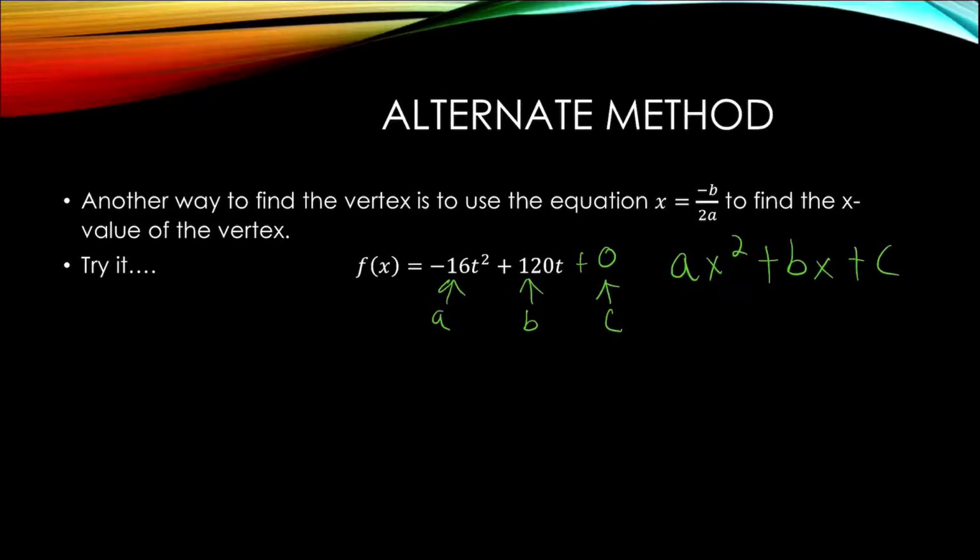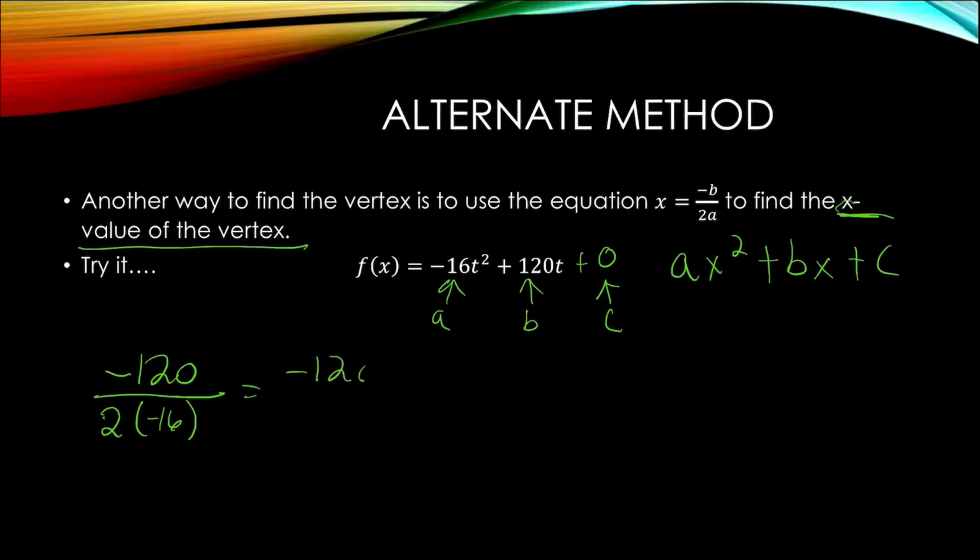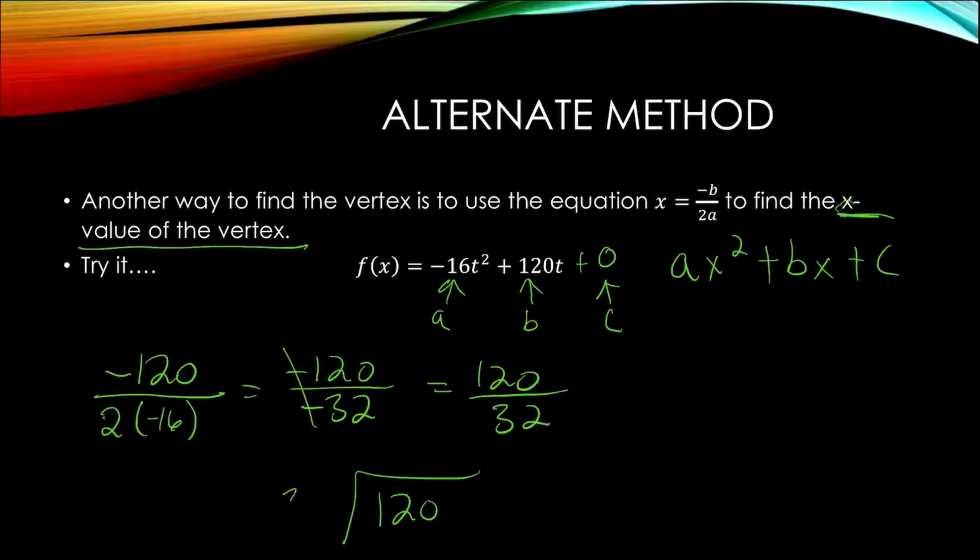Okay, so to find the x value, I have to do a couple steps here. I have to first find the x value. So I'd say -b, so -120 divided by 2a, so 2 times the -16. I'd get -120 divided by -32, since 2 times -16 is -32. My negatives cancel out. I get 120 divided by 32.